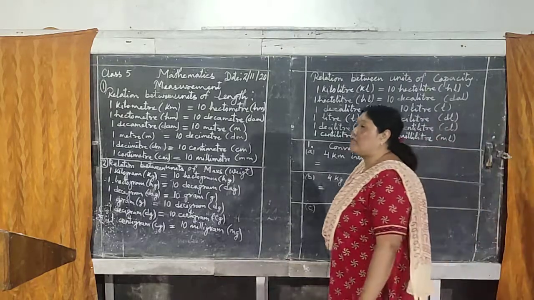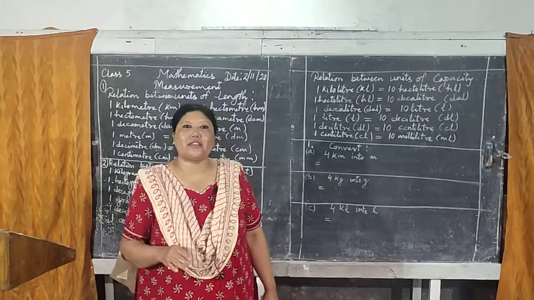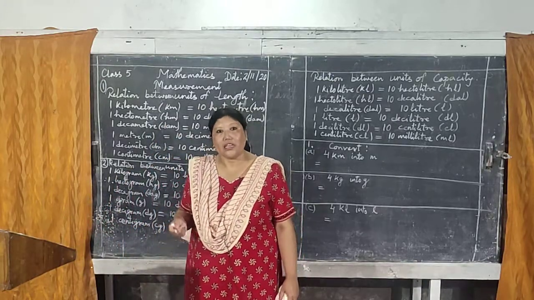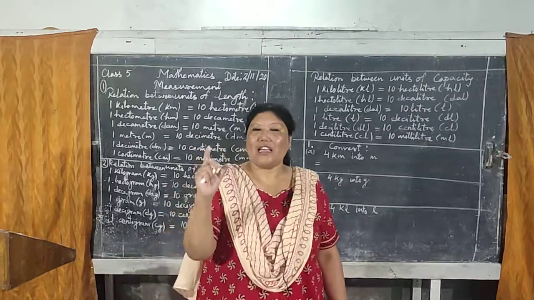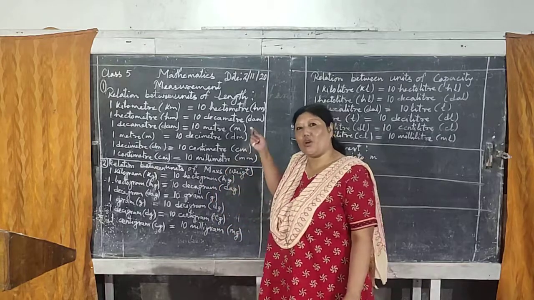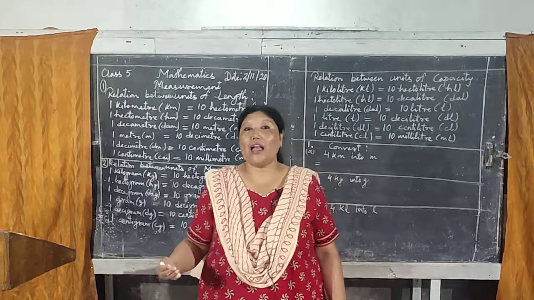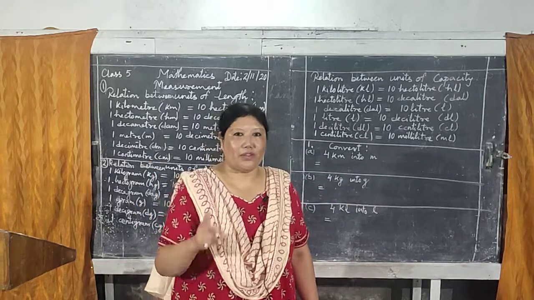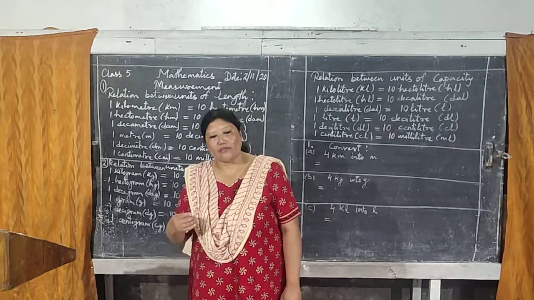And I had told you in the beginning to learn during these holidays the prefixes: kilo, hecto, deca, deci, centi, milli, isn't it? And if you are saying units of mass, then it will be kilo, hecto, deca, not meter, it will be gram. Then deci, centi, milli. You have to learn it.